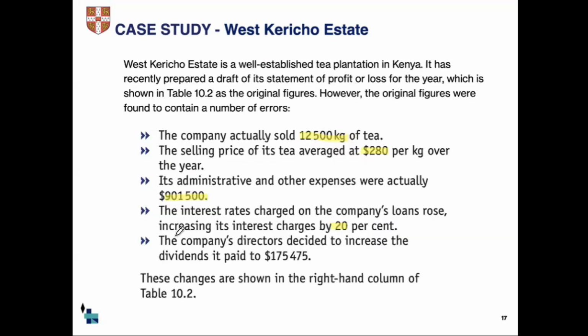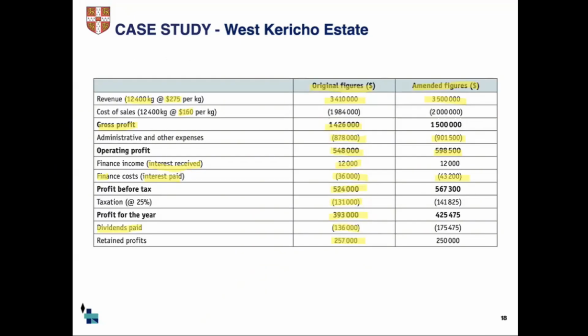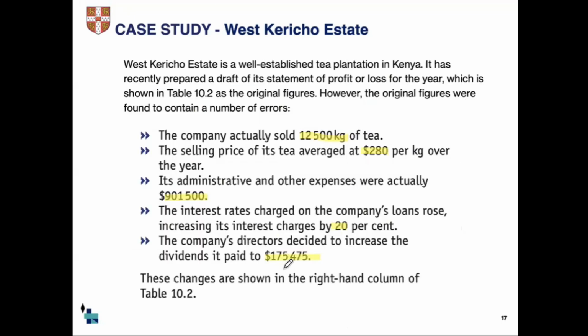Well, let's look at the last one. The company's directors decided to increase the dividend it paid to 175,475. So let's look at that change. Dividend paid here is quoted as 136,000, but here we are told that it increased to 175,475.